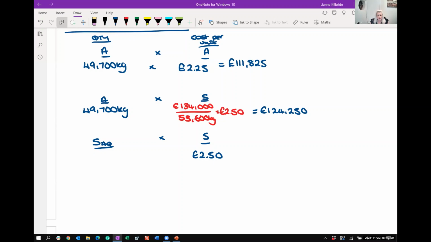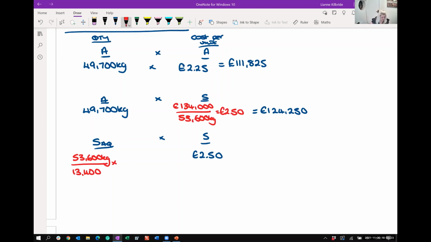The SAC is your standard quantity for actual production. In the question, it's telling us that we have used 53,600 kilograms of material to make 13,400 units. So we need to work out how many kilograms there is per unit.